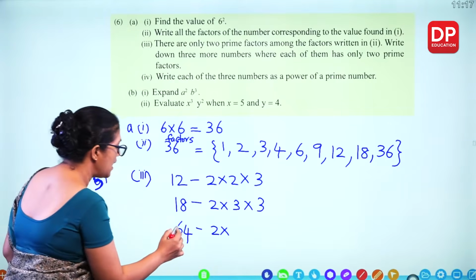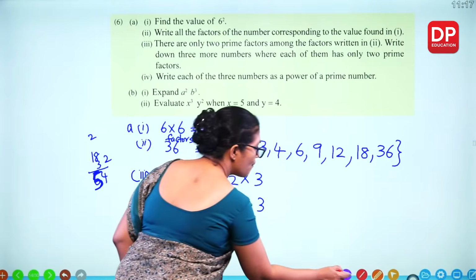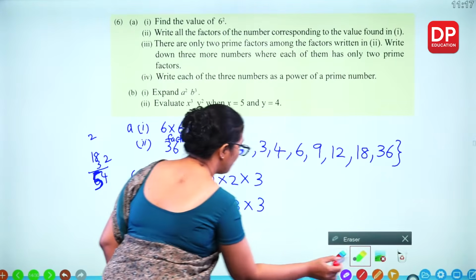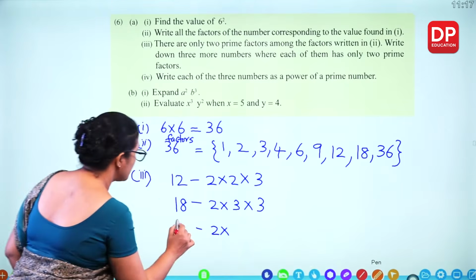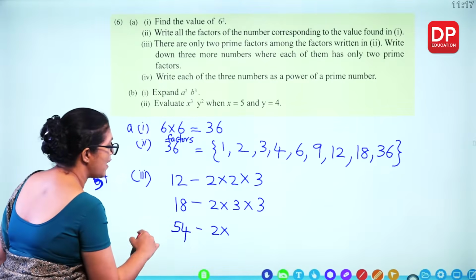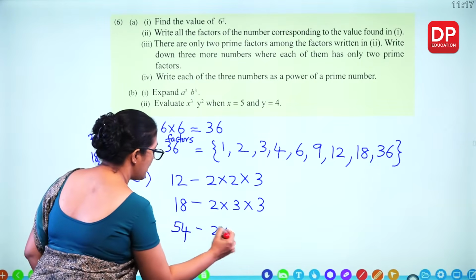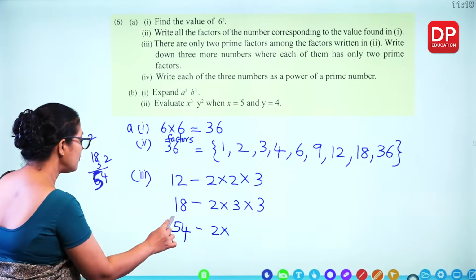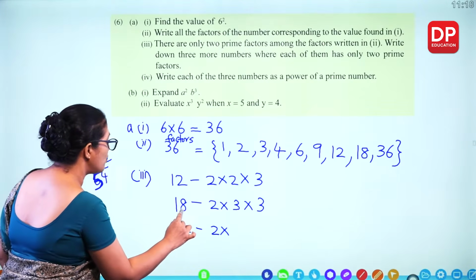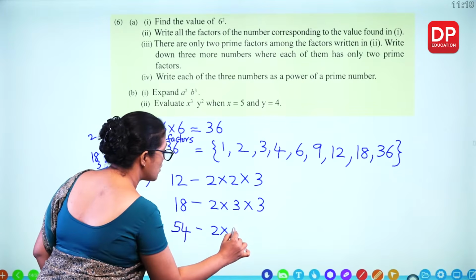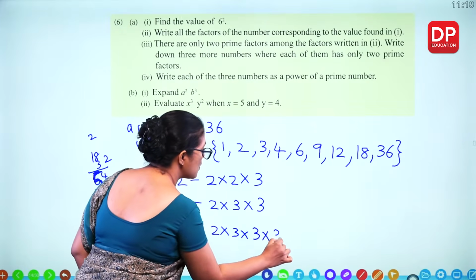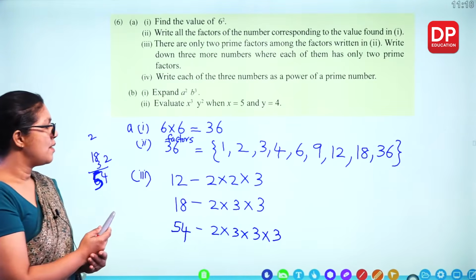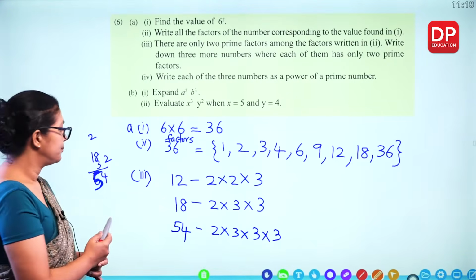So this should be 54. So what are the prime factors? 2. Then divide by 2, you get 27. 27 means 3 times 3 times 3. So 2 and 3 are the prime factors.